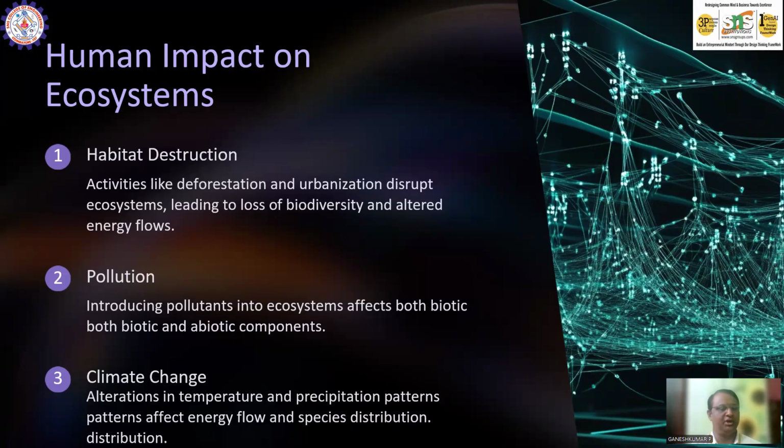The next one is pollution, introducing new pollutants in soil, water, air, and everywhere. The biotic and abiotic components get affected. And due to this, there is an alteration in temperature and rainfall, which means precipitation patterns, and it affects the energy flow between the species and disturbs the species distribution.